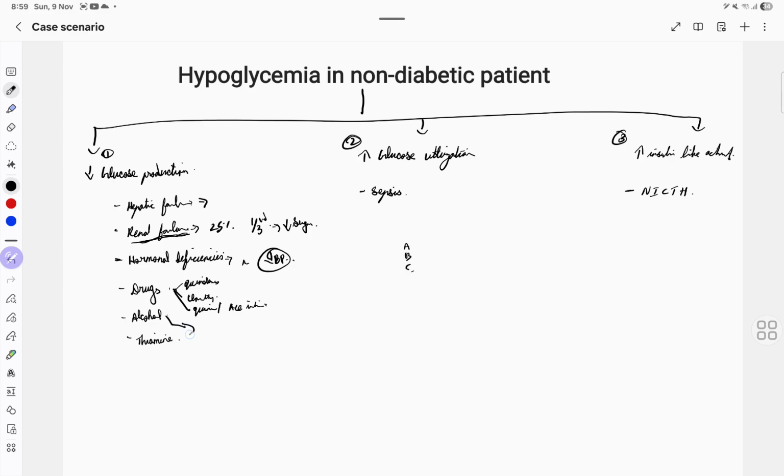Then alcohol. Alcohol causes depletion of the glycogen stores, so there is no gluconeogenesis, so it will cause hypoglycemia. Thiamine deficiency also stops pyruvate from converting to acetyl CoA.